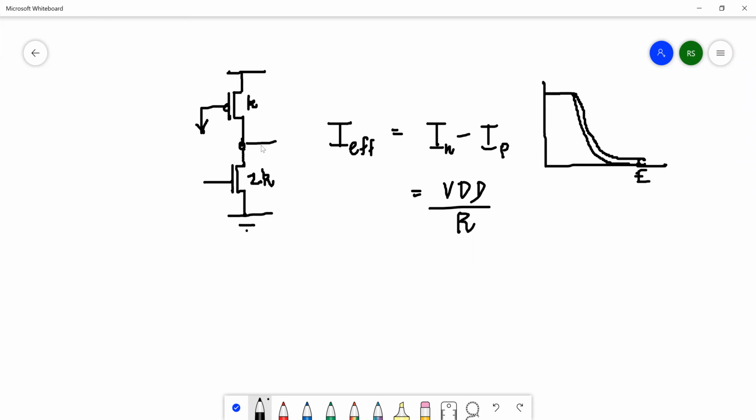How can we write that? IN: let's assume that the voltage across this is VDD divided by the resistance of the NMOS transistor. Resistance of this is R by 2K, minus IPMOS. Let's assume that the voltage across the PMOS is also VDD, divided by the resistance of this transistor.